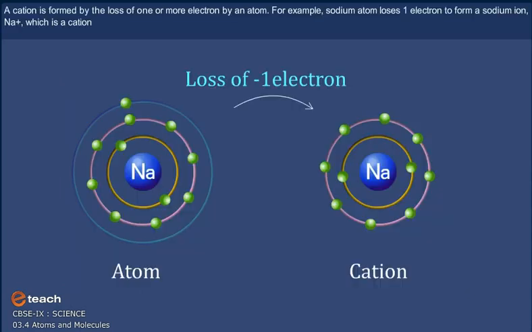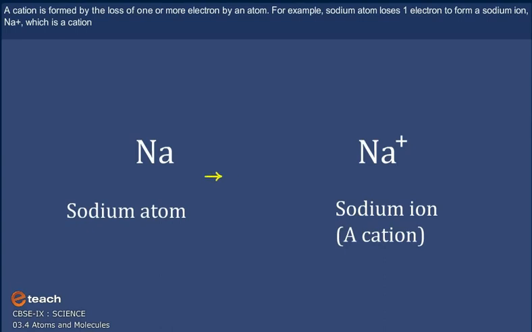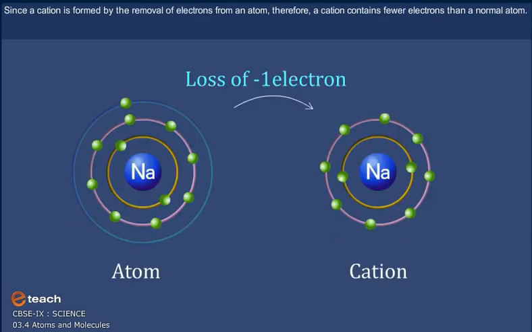A cation is formed by the loss of one or more electrons by an atom. For example, a sodium atom loses one electron to form a sodium ion, Na+, which is a cation. Since a cation is formed by the removal of electrons from an atom, a cation contains fewer electrons than a normal atom.